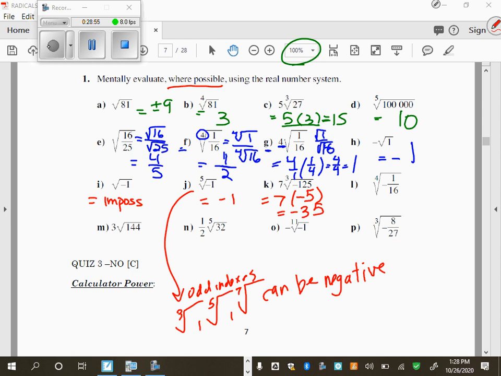You've seen that 3 times now. Okay, can you have a 4th root of a negative? I guess I'll write it here. Even indexes. So square root, 4th root, 6th root, and so forth, cannot be negative. So what's the answer here? Impossible.